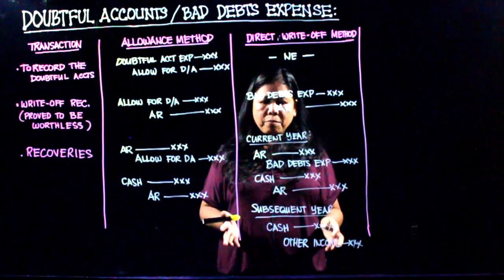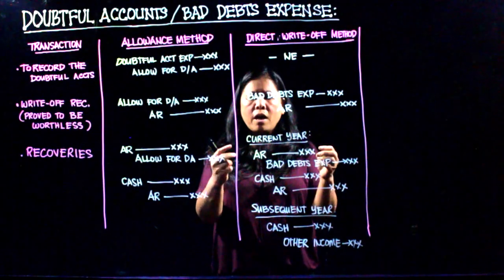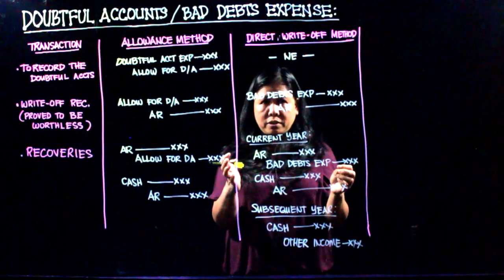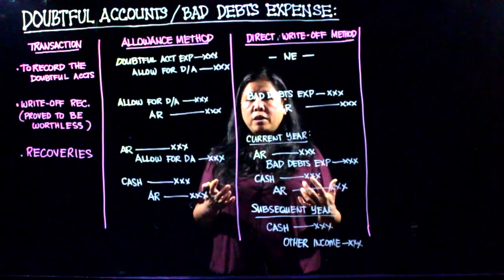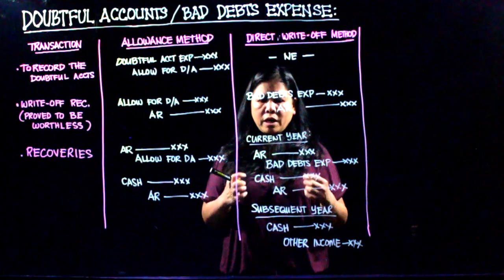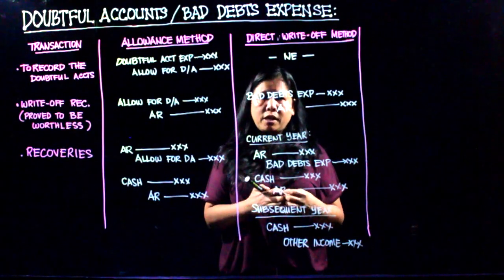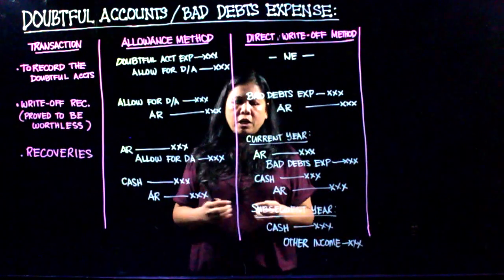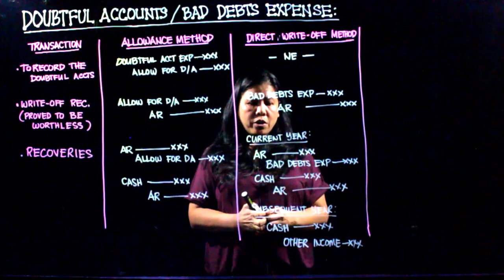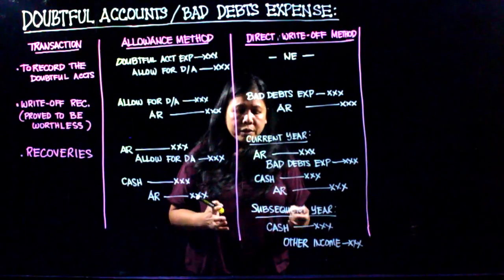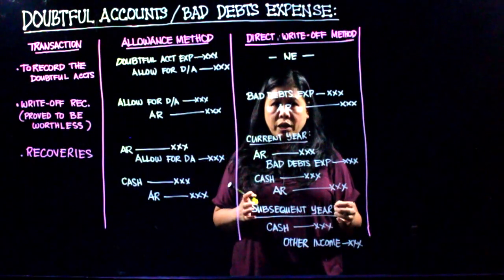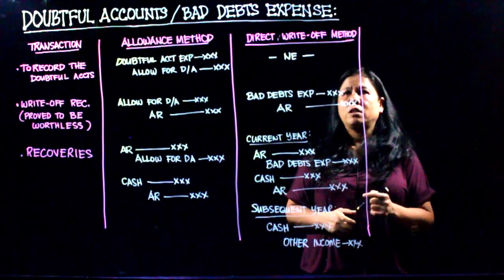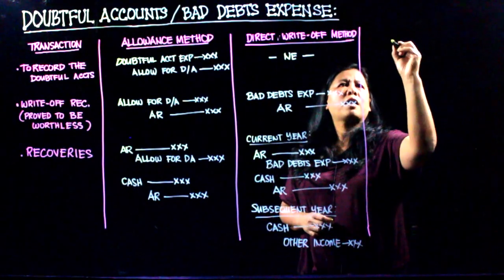Under direct write-off method, if it's in the current year, then we debit accounts receivable and credit bad debts expense because we already collected it. Then we debit cash for the collections and credit accounts receivable. But if the recovery is in the subsequent year, the following year, then we debit cash and we credit other income.